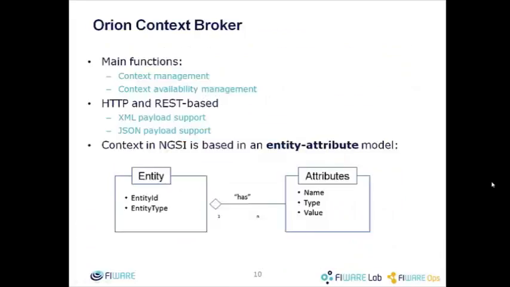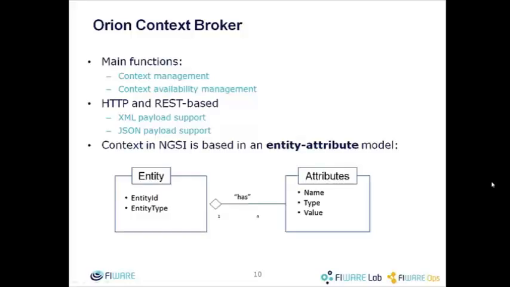Okay, so in the context broker, you always have entities and attributes. And using the RESTful NGSI API, you can get information on any attribute of any given entity and at any point of time. So everything is going to be an entity with attributes.